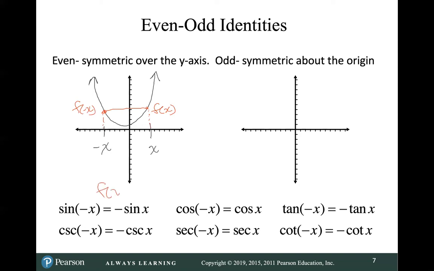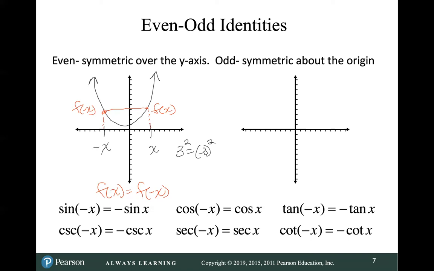F of x equals f of negative x, or f of negative x equals f of x. They have the same height. For x values that are opposites, the y values are the same. So again, for a parabola, that would be like saying 3 squared equals negative 3 squared. Opposite x values, same y values.